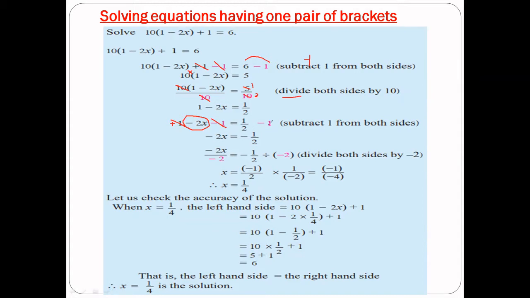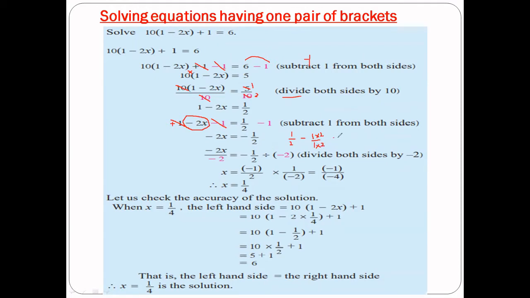Half minus 1. How to subtract that? I will show you here. Half minus 1. 1 can be written as 1 over 1. And we want to get denominator 2. So you can write equivalent fractions by multiplying both numerator and the denominator by 2.